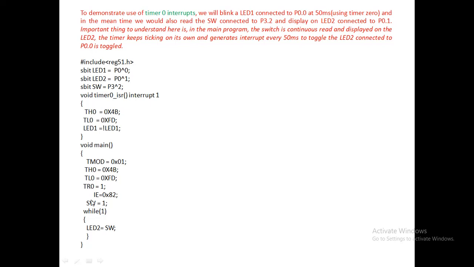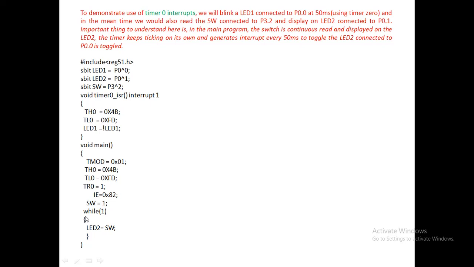The main program temporarily switches to the ISR program. Again it loads 4B and FD, and whatever value is in the LED, that is P0^0, is complemented and loaded in the same bit.